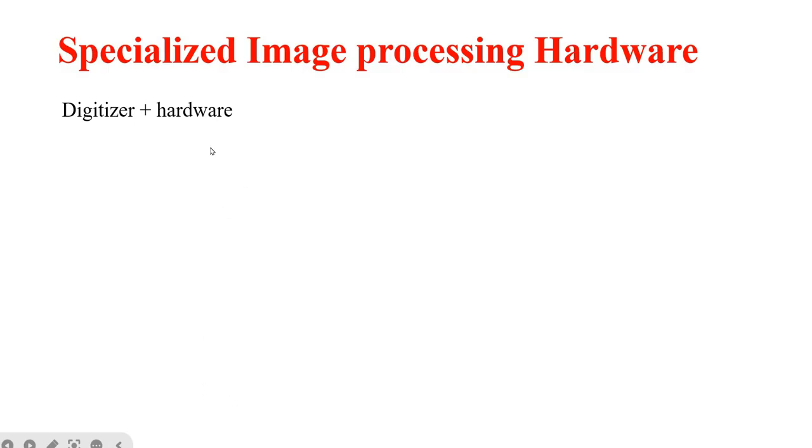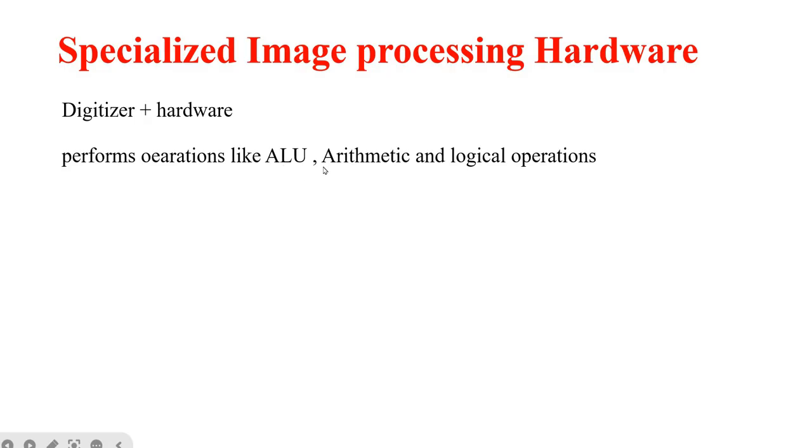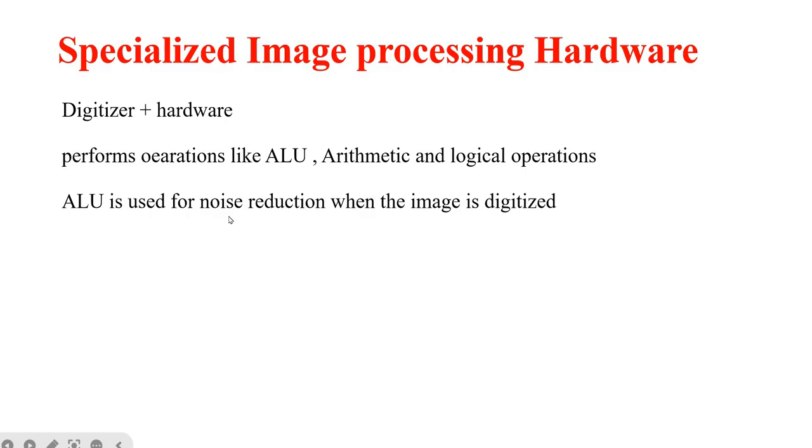Then next is the specialized image processing hardware, which consists of the digitizer and the hardware which performs other primitive operations such as ALU, and this ALU performs logical operations in parallel on entire images. For example, the ALU is used for reducing the noise when the image is digitized. That is, it is used in averaging the images very quickly as they are digitized for the purpose of noise reduction.